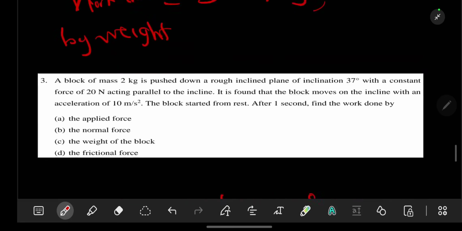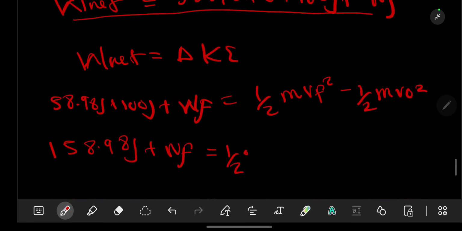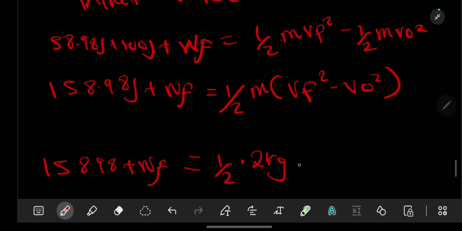This should be equal to half times the mass, which is 2 kg. In fact, we can even factorize this so that we save space. Half is common, mass is common, then we have V final squared minus V initial squared. So this gives us 158.98 plus the work done by the friction, which should be equal to half times the mass, 2 kg, times the velocity.